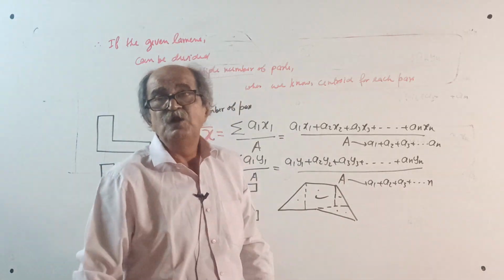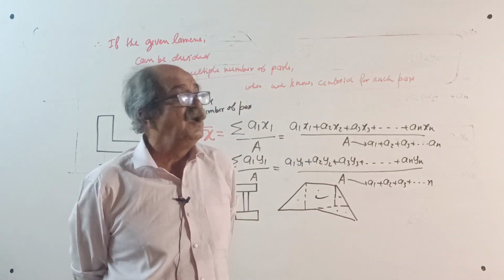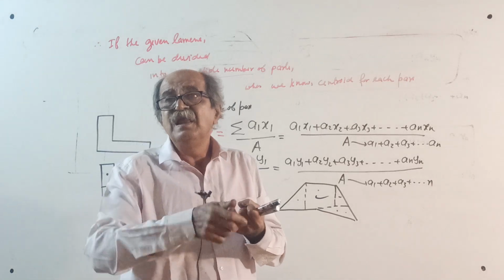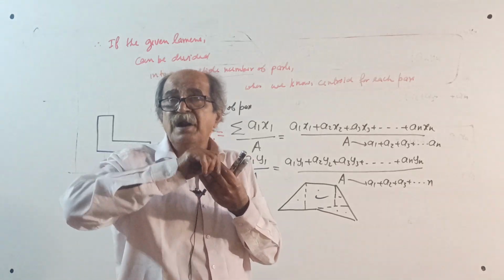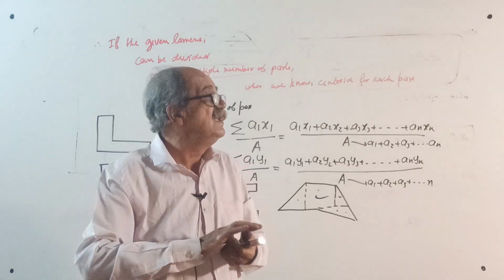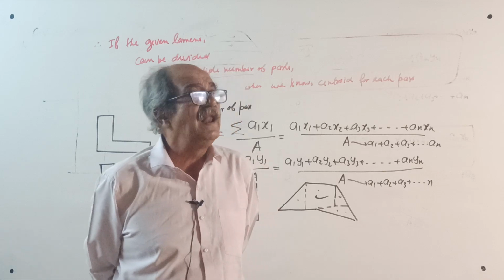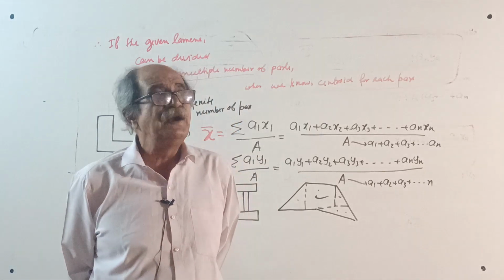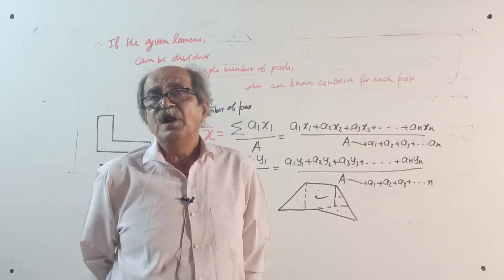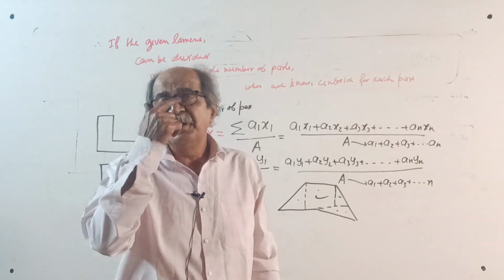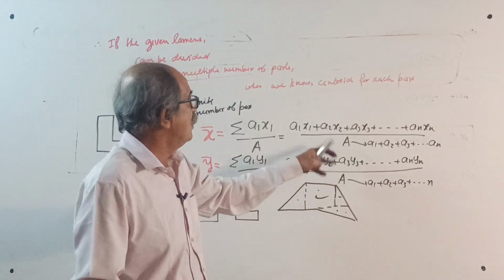Because later you will know the expressions for locating the centroid for a rectangle, triangle, semicircle, quadrant of a circle, and circle also. So when you can divide the given lamina into multiple or a definite number of parts, where for each part you know the centroid, then you can use this formula.